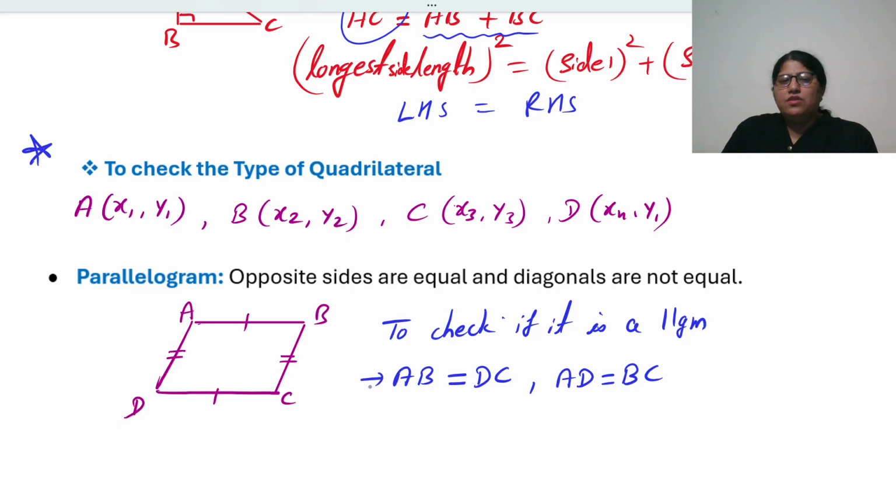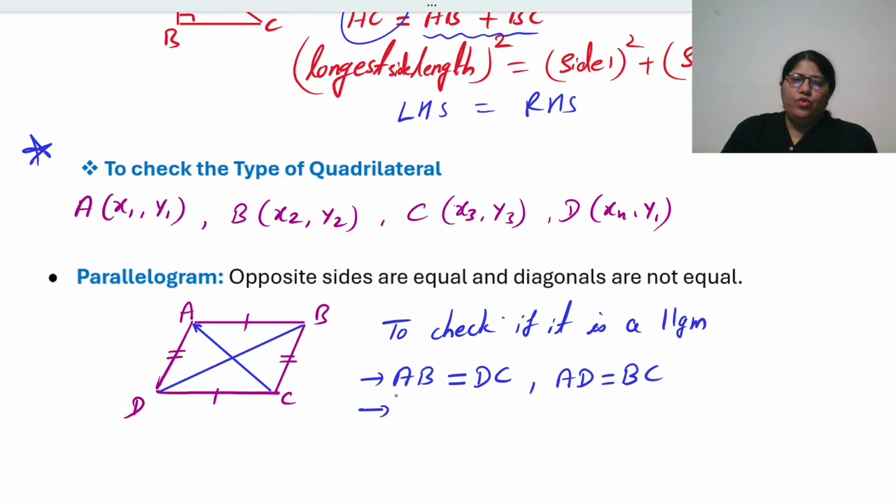But this is only the first condition, because in a rectangle also opposite sides are equal. So how will you specify whether it's a parallelogram or a rectangle? For that, I am going to find the length of the diagonal as well. In a rectangle, the lengths of the diagonals are equal, but in a parallelogram, they are not equal.